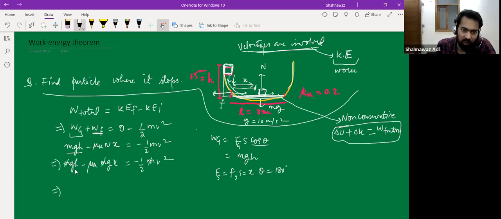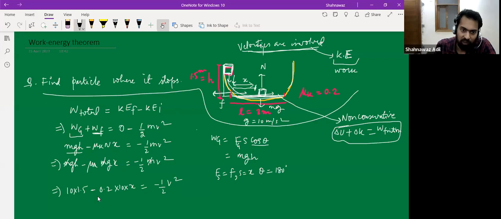So g is 10 into 1.5, and mu k is 0.2, and g is 10, and x we have to calculate, and we have half of v square.